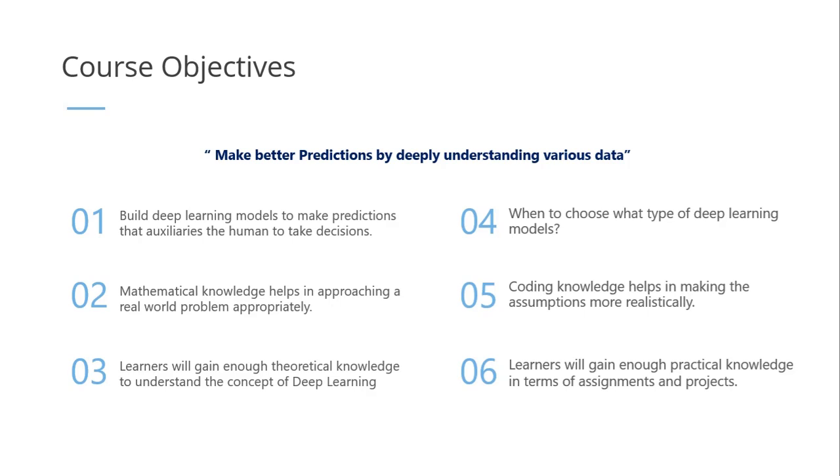One is when to select which deep learning model, and once a model is chosen, modeling it numerically or mathematically and programmatically makes a much better deep learning expert. So, this is our course objective, and we aim to gain knowledge on these two things to claim ourselves as deep learning experts.